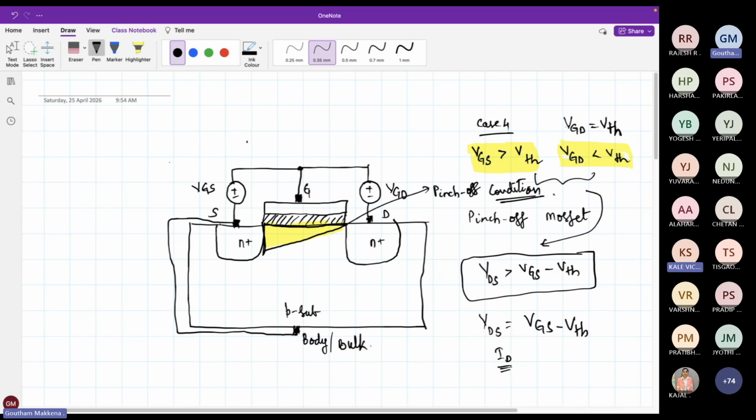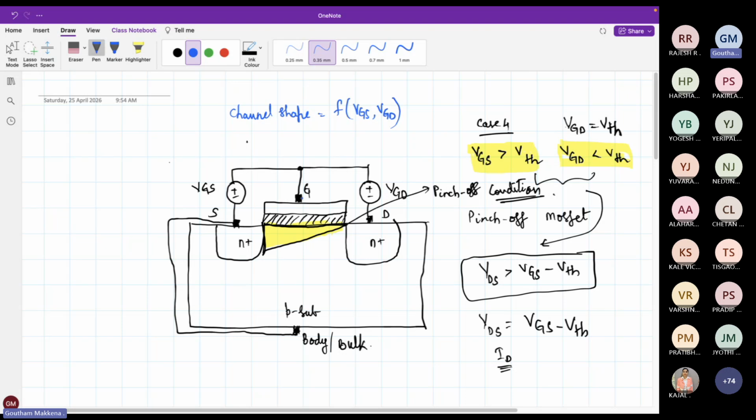All I wanted to say is that the channel shape is a function of VGS and VGD. I know that in circuit analysis, this VGD doesn't come into the picture because we don't even apply any voltage sources like that. You are true. But in order to explain this pinch-off condition, I thought this would be more intuitive.